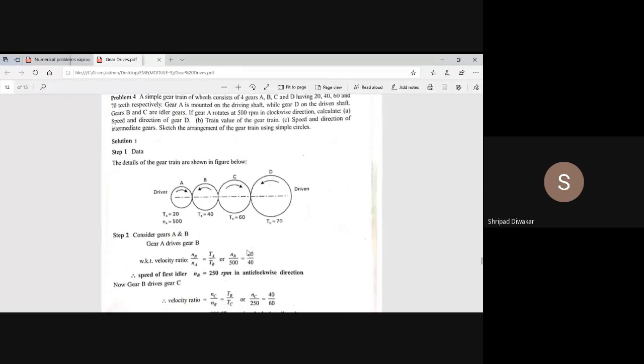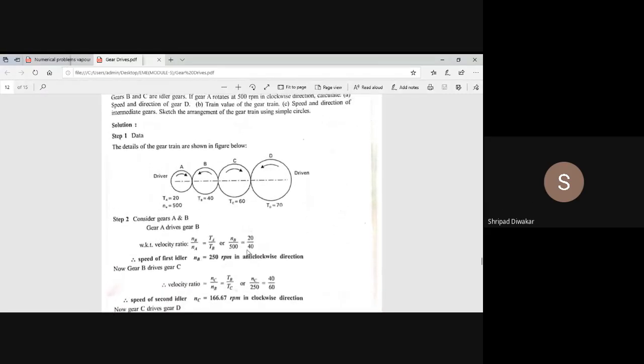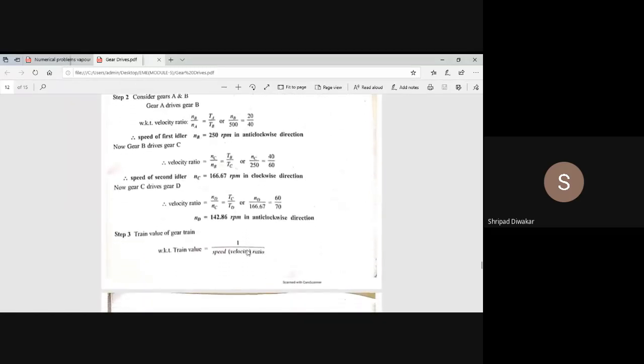Next, you have to find one more thing they ask, that is the train value of the gear train. Train value is always given by the reciprocal of the speed or velocity ratio. You remember, this is the standard formula of train value: the reciprocal of velocity ratio, that is 1 divided by speed ratio. But we don't know the speed ratio.